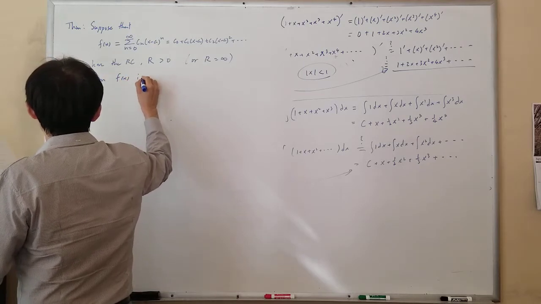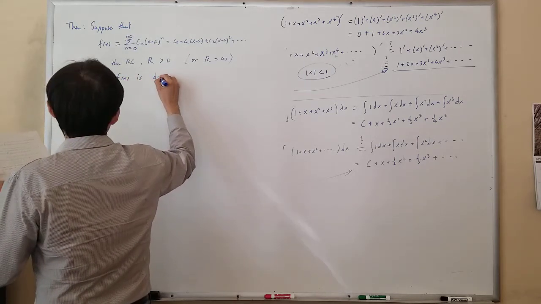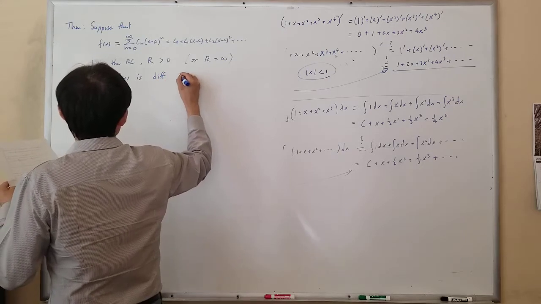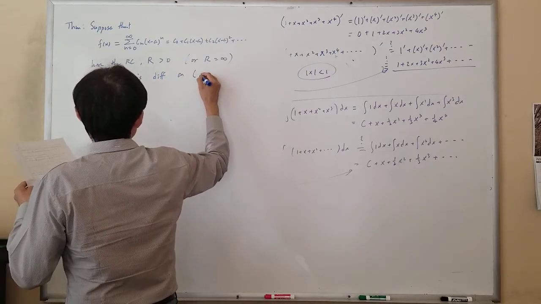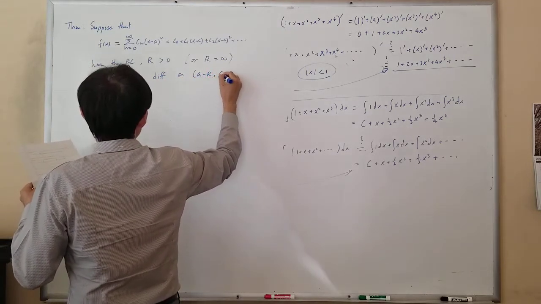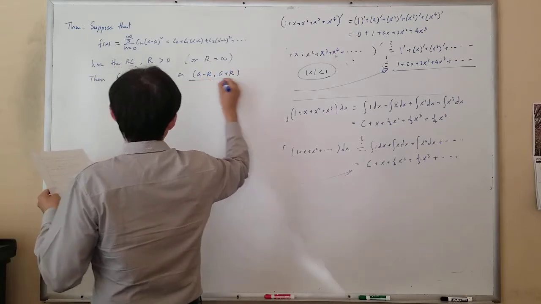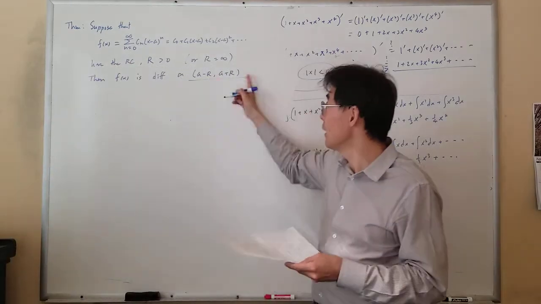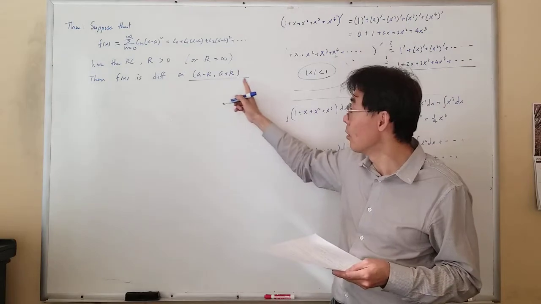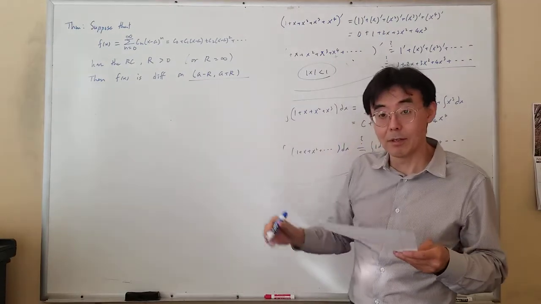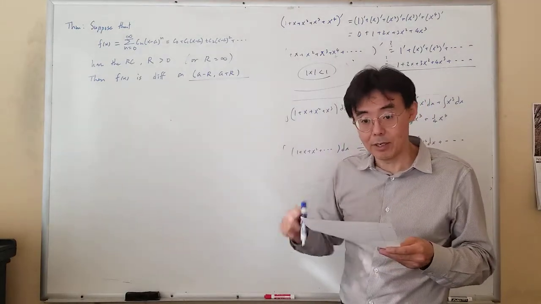f of x is differentiable on this open interval, a minus r, a plus r. We don't consider the derivative at the endpoints, so only the interior, a plus or minus r.